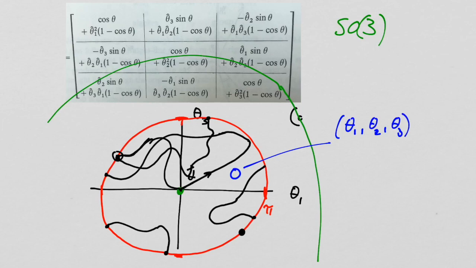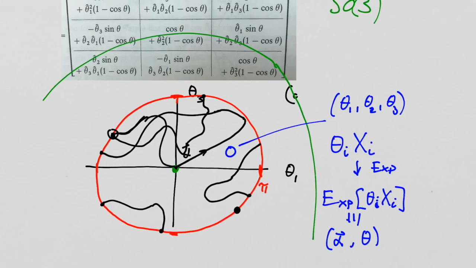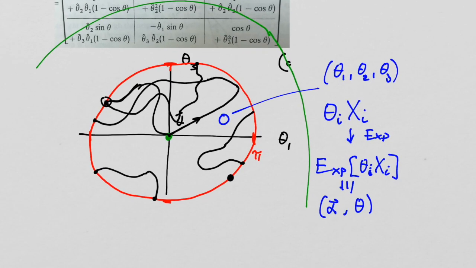Just remember, this always will represent theta i times the basis of the algebra, exponentiated, right? So the element of the algebra is taken by exponentiation to an element of the group, which we write down this way, right? So this is really identification. That's what this triple equal sign is supposed to be.